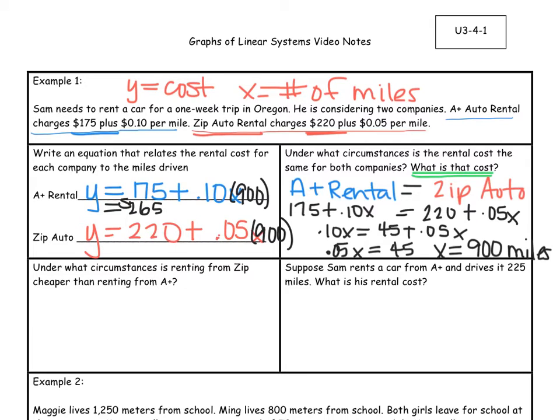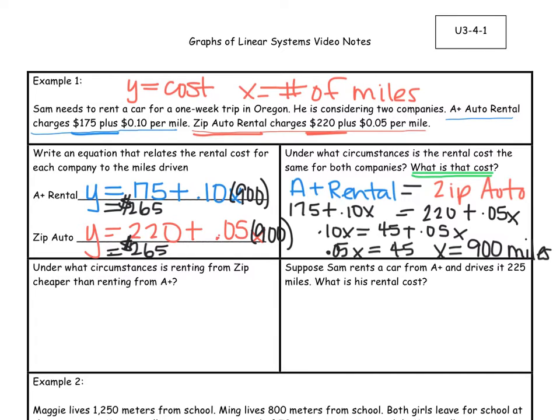So this will equal $265, and this will equal $265. So to answer the question, at 900 miles, the cost for A Plus rental and Zip Auto is the same, and that cost is $265.